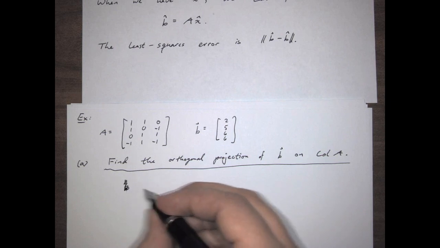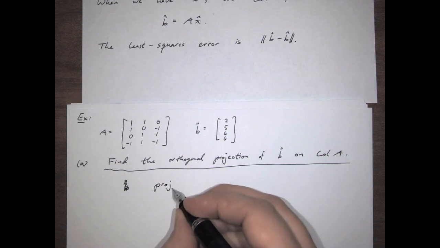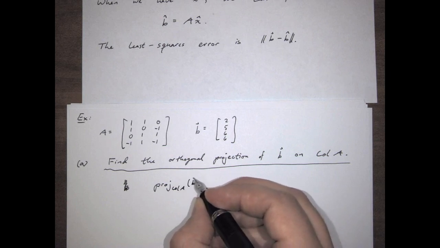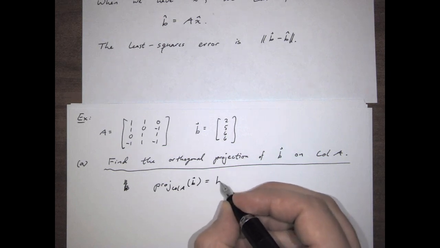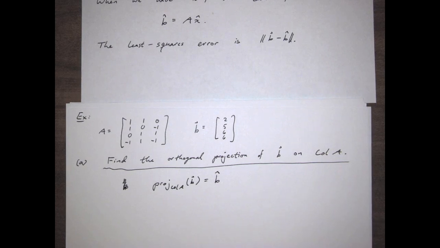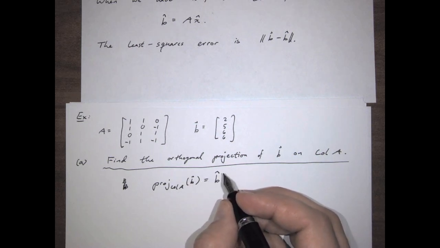Actually, the way I would word this is the projection onto the column space of A of B. That's what we call B hat. So that's what this is actually asking us to find. And so that involves finding the x hat and then multiplying by A.